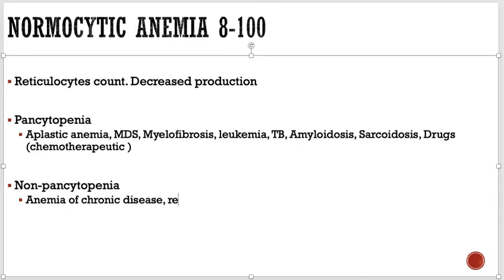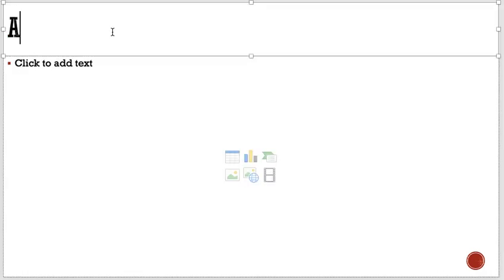Another example is renal failure. One function of the kidney is producing erythropoietin, and when the kidney is not producing enough erythropoietin, the red blood cells will decrease. That's why, in the management of renal failure, we give the patients erythropoietin.